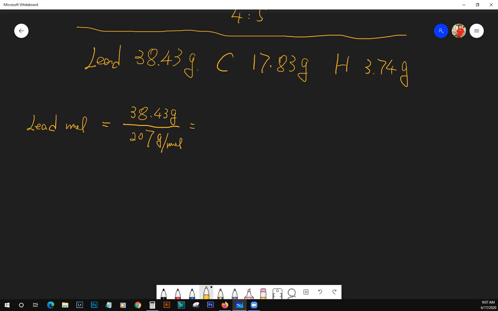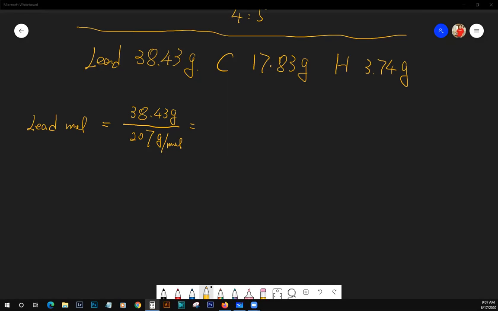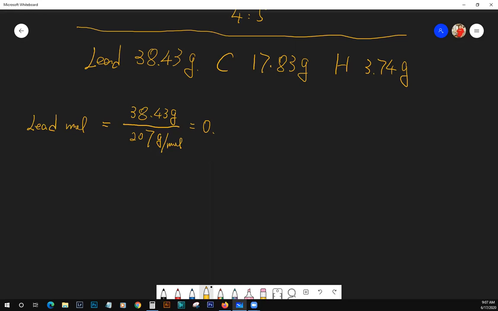So 38.43 divided by 207 is 0.1857 mole. The mole of the carbon is 17.83 gram divided by 12 gram per mole.